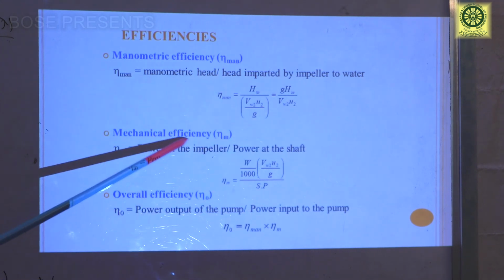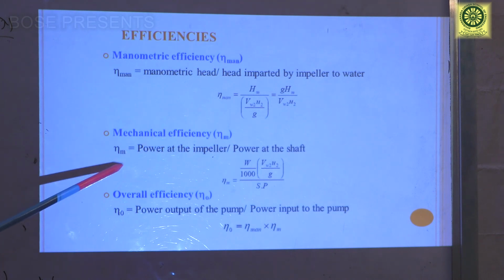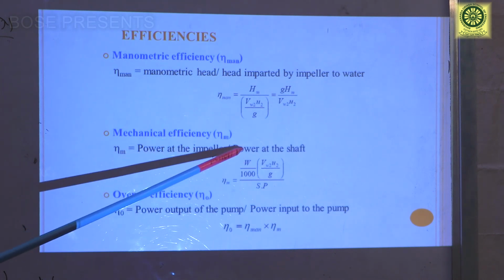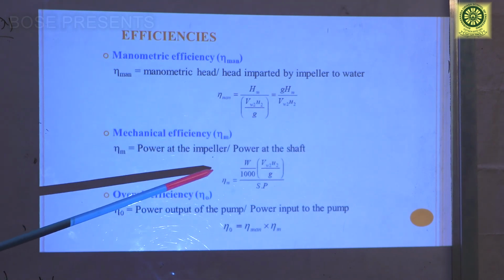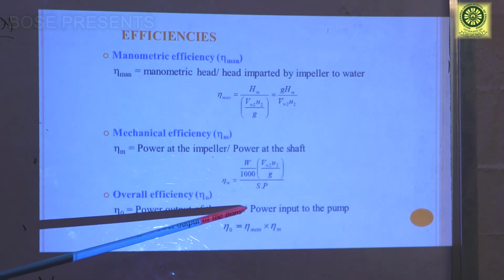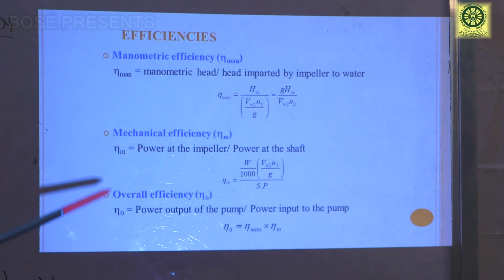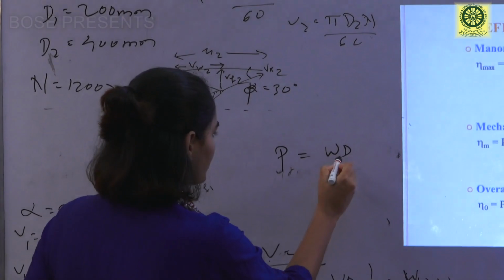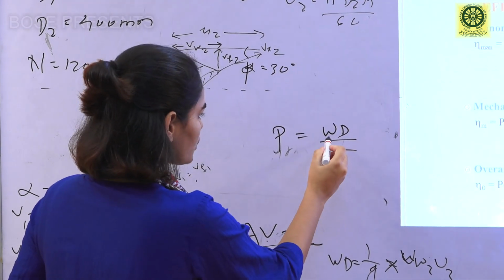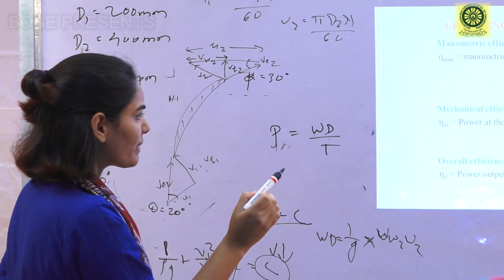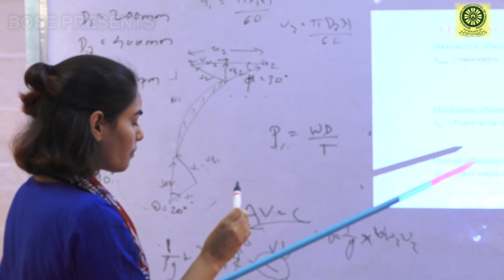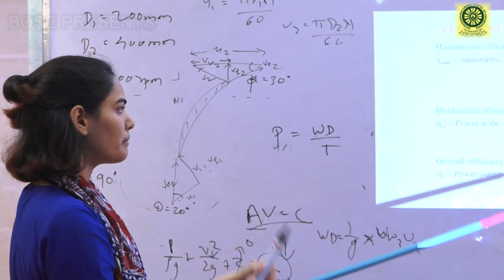Second, mechanical efficiency. Mechanical efficiency is power at the impeller divided by power at the shaft. The power at the shaft will be given in kilowatts. So how do we find the power at the impeller? Power is work done divided by time. The work done will be the work done by the impeller for the total weight of water per second.